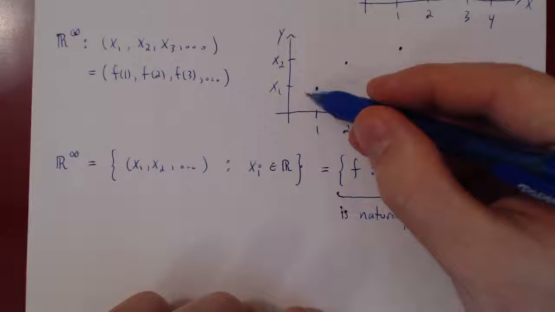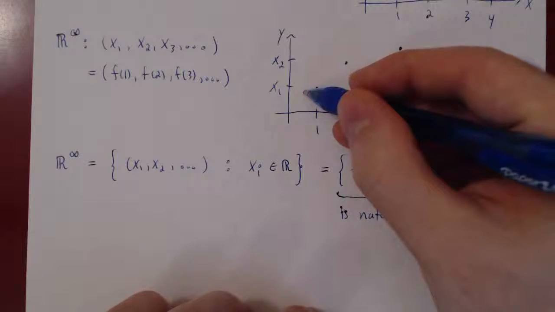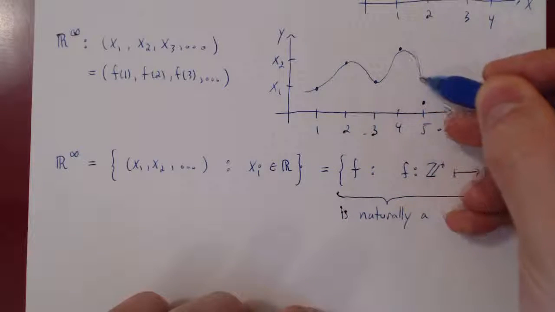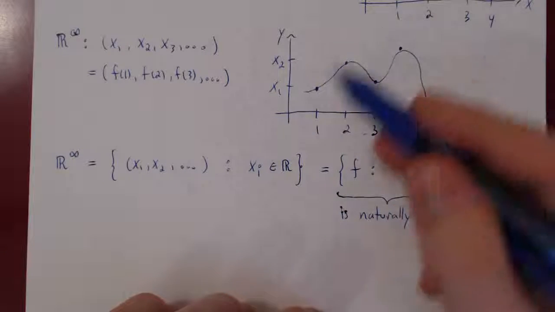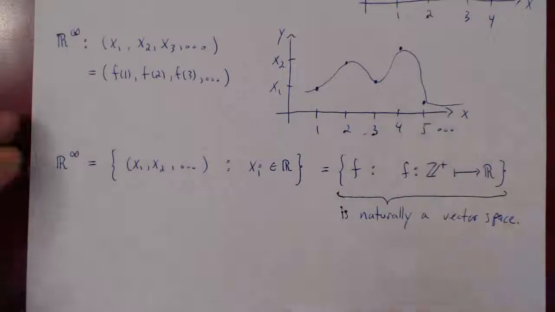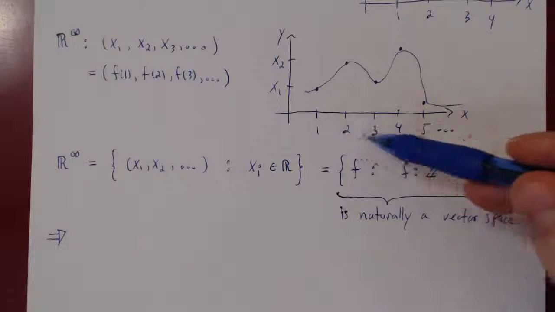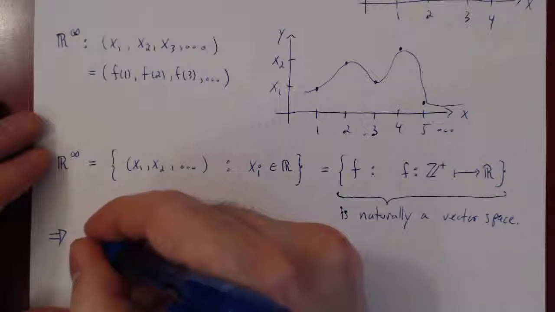What if we now link these points in a continuous fashion and have the graph now of a more complicated function? We can still think of this function as a vector, simply by extending the domain from the positive integers to all real numbers.